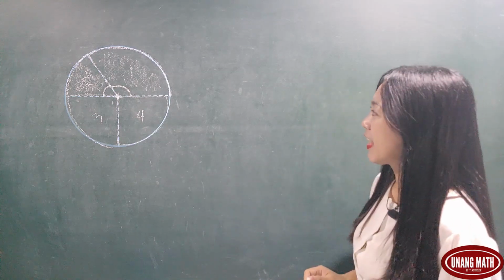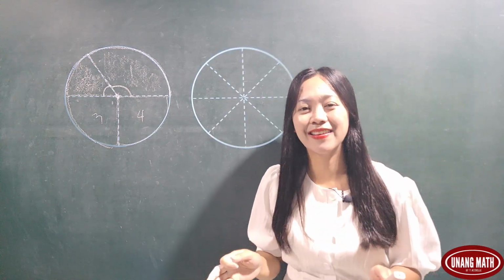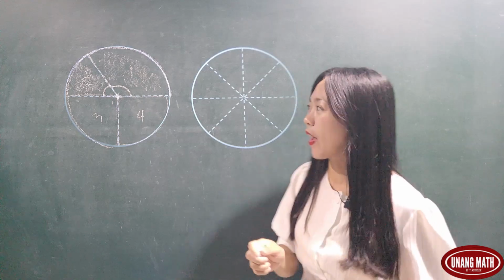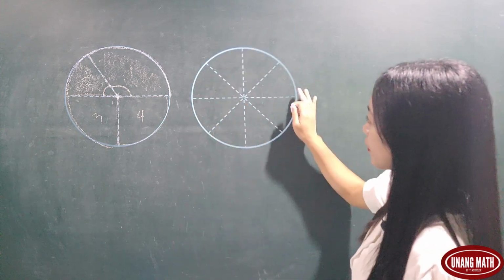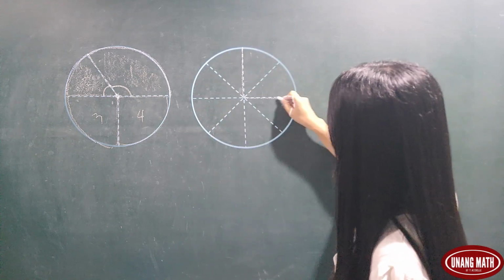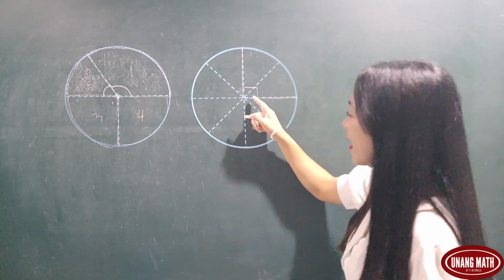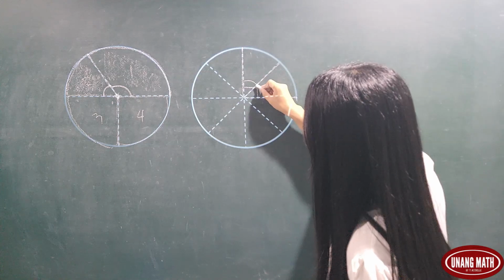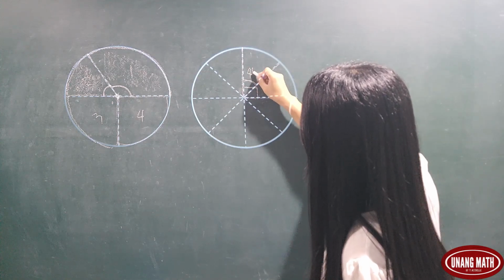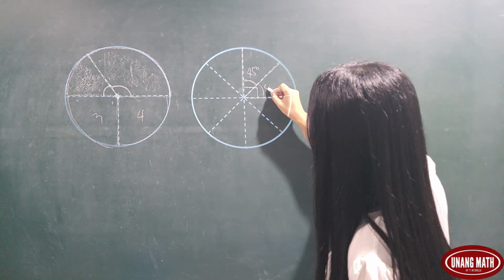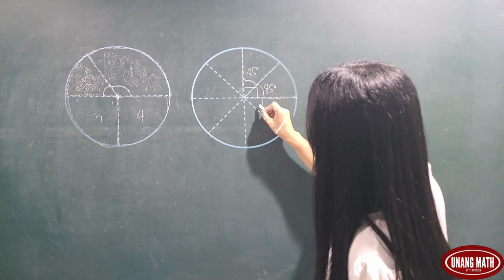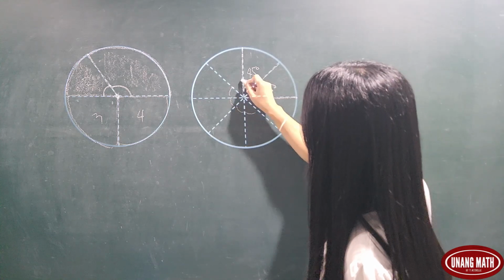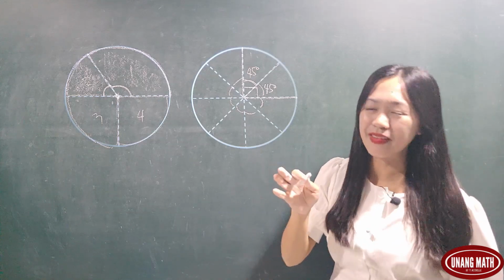What about if the central angles are the same or equal? Take a look at this circle. This angle is a right angle, so that means this central angle is 45 degrees. This is also 45 degrees, and the other central angles are 45 degrees.